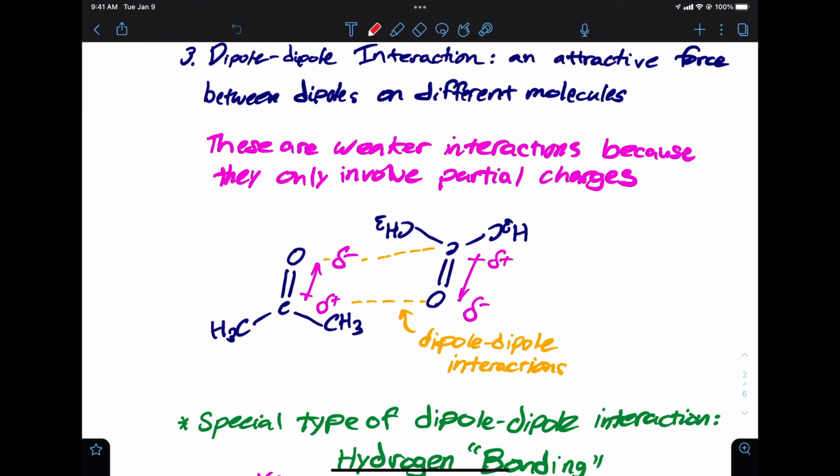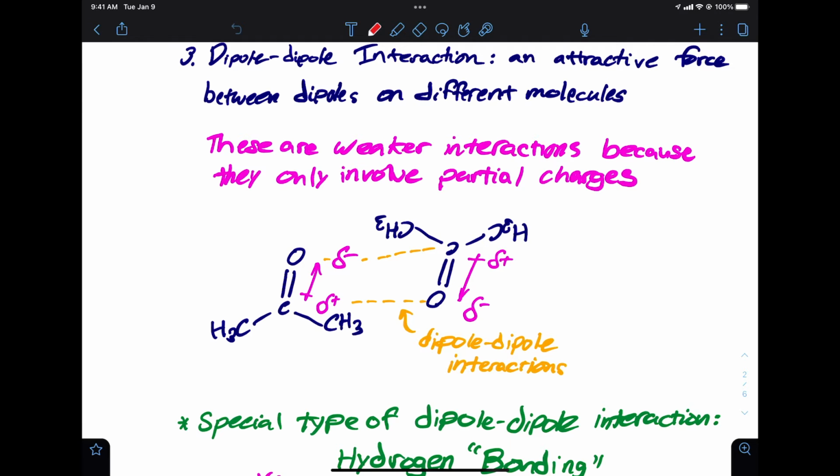That would also be a dipole-dipole interaction. So they don't have to be the same. They don't have to be even the same magnitude. Their dipoles can be large on one molecule and small on the other molecule. But there does have to be partial charge originating from these asymmetric electron distributions in a molecule. So that's the dipole-dipole interaction.